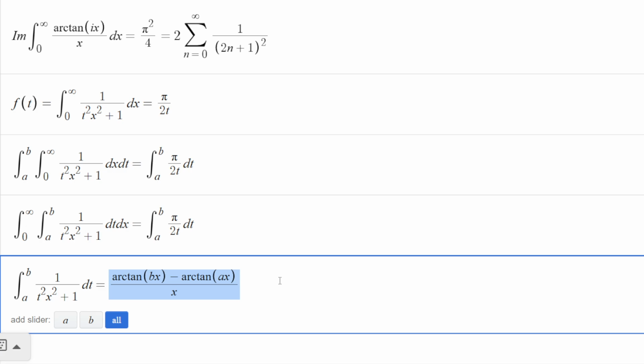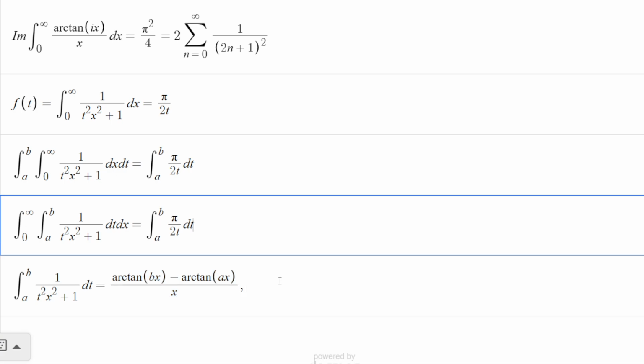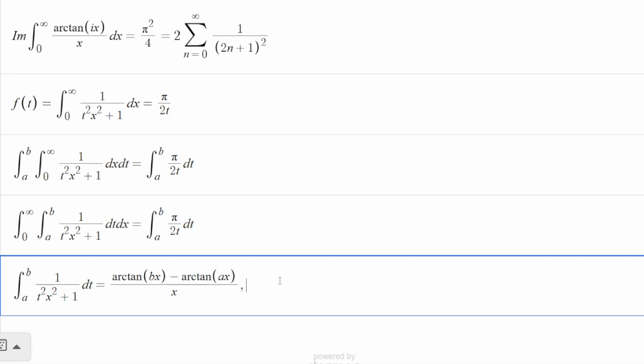It's pretty straightforward integration; I just didn't feel like doing the steps in this video. And this integral right here is going to be equal to pi over 2 times the natural log of b minus natural log of a.